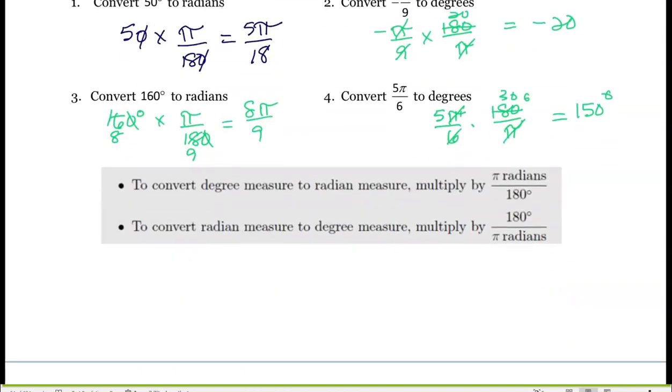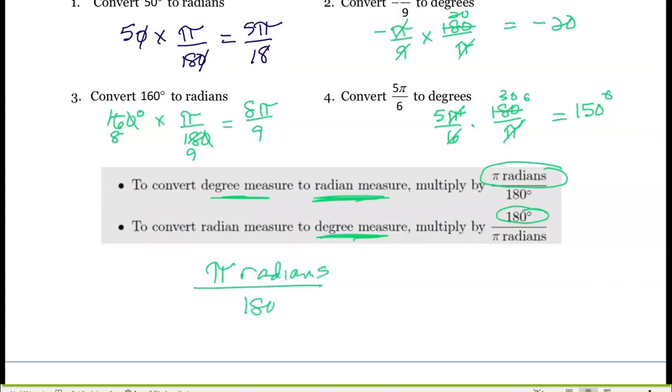So to convert degrees to radians, if I want radians, have the radians on top. To convert radian measurement to degrees, if I want degrees, have the degree on top. What does pi radians over 180 degrees equal?